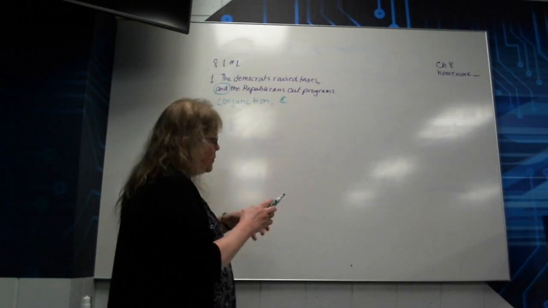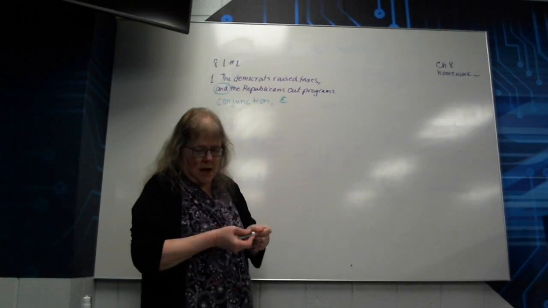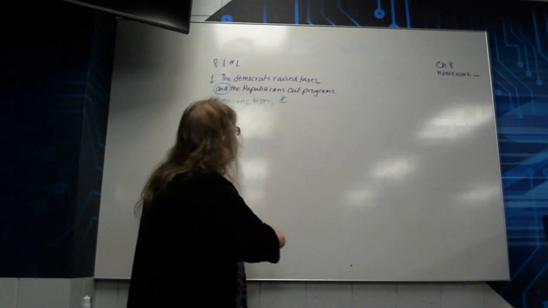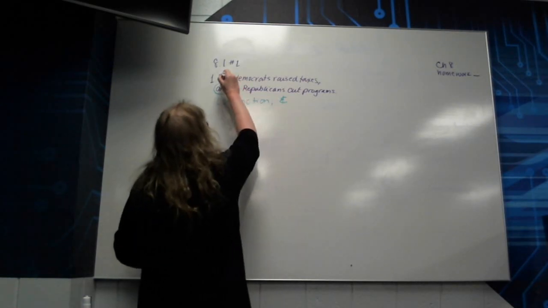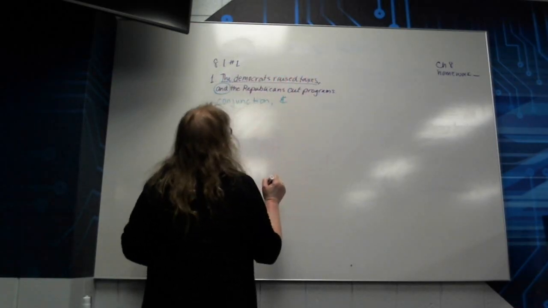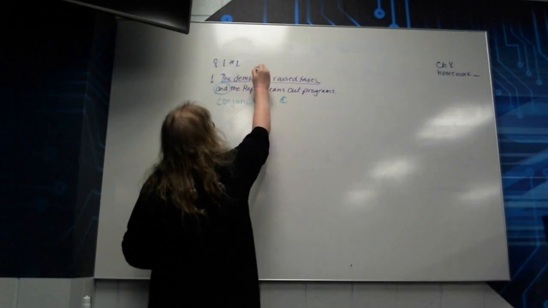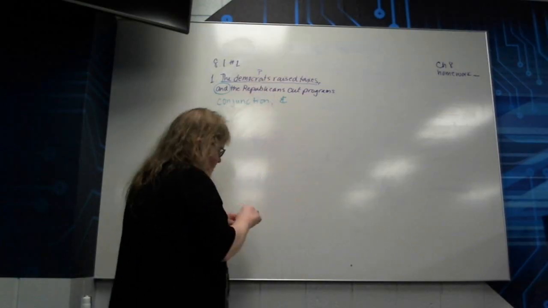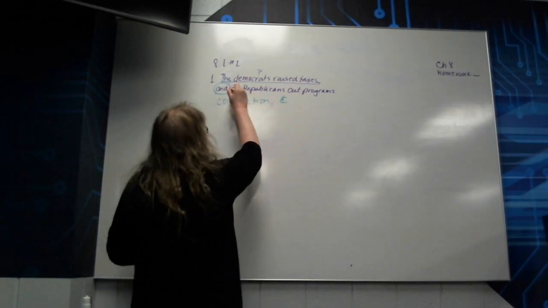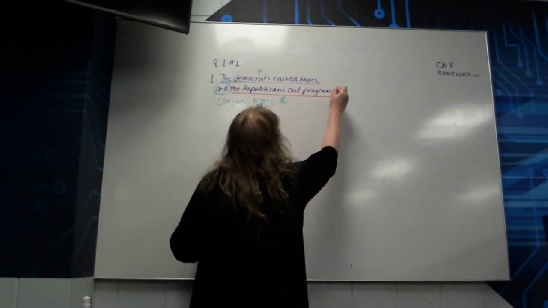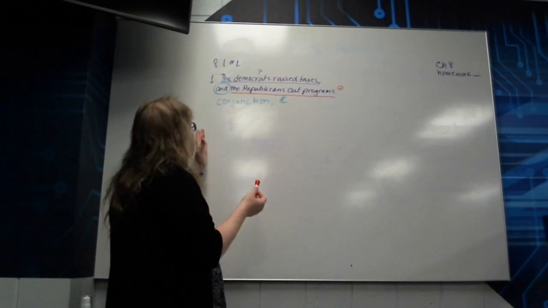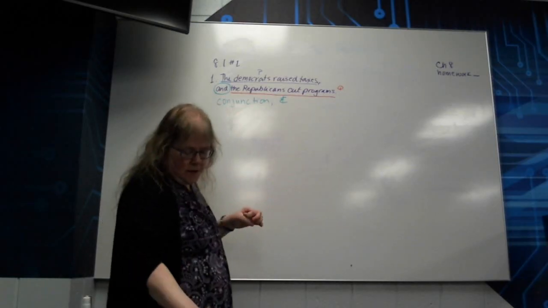Now you can do this in a couple different ways. You can write them out, or if you're playing on your computer, this part here, Democrats raise taxes would be my P. And the Republicans cut programs would be my Q. Okay, so that's all you need for number 1.